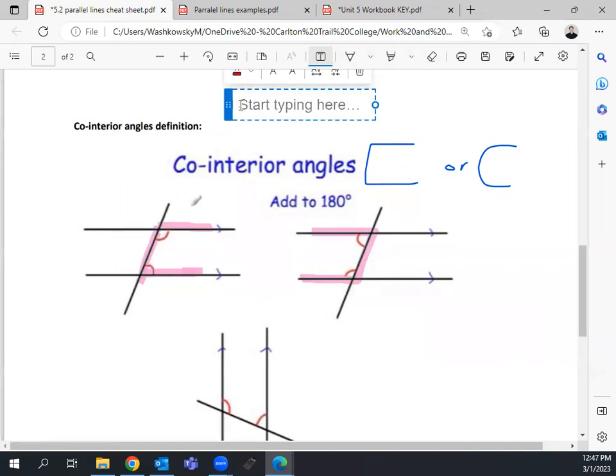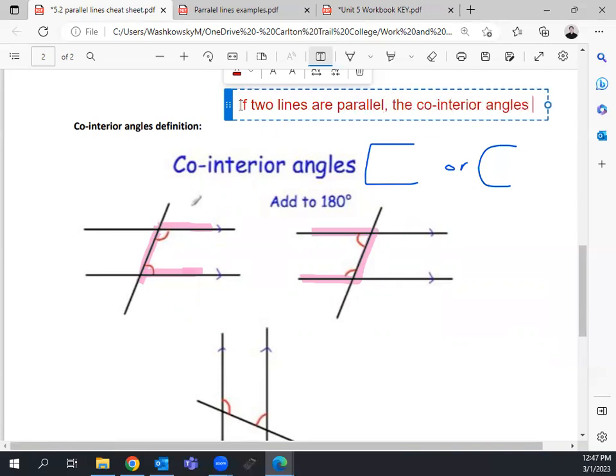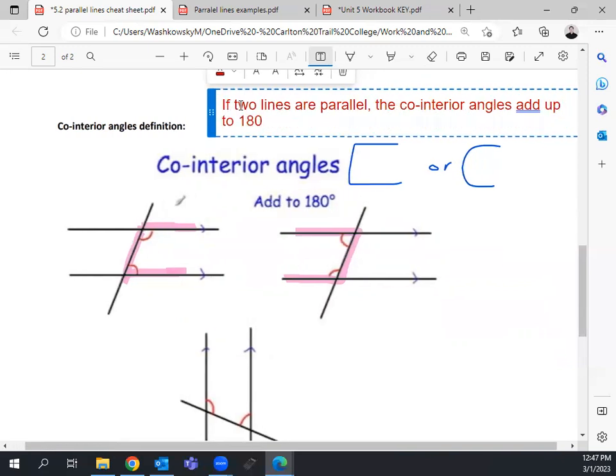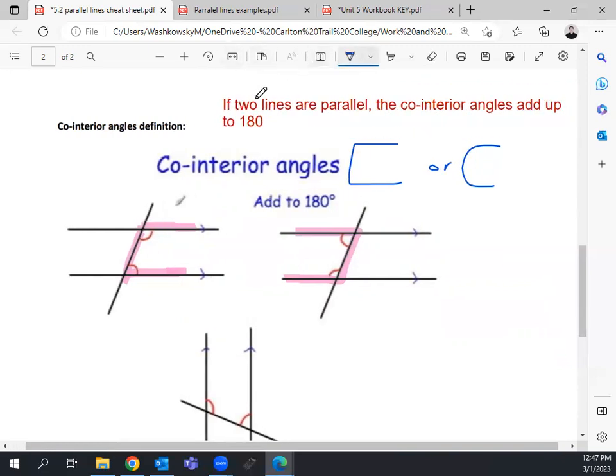So co-interior angles, what this basically means is if two lines are parallel, we have two parallel lines there, the co-interior angles add up to 180 degrees. So if two lines are parallel, those inside angles add up to 180 degrees.